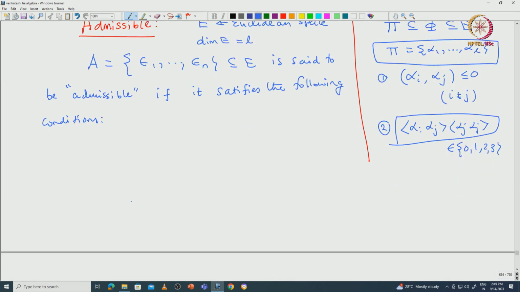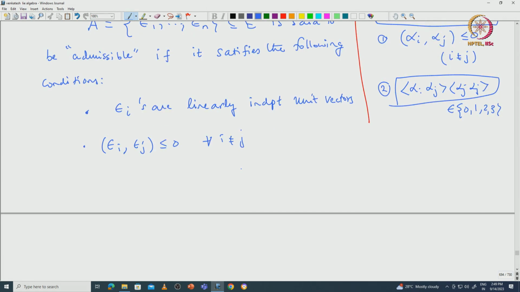What are they? The very first condition: they must be linearly independent. So, all epsilon i's are linearly independent, and we also assume them to be unit vectors, independent unit vectors. The second condition: whenever you take the inner product between them, that must always be non-positive for all i not equal to j. Since they are all unit vectors, the inner product of epsilon i with itself must be 1 for all i.